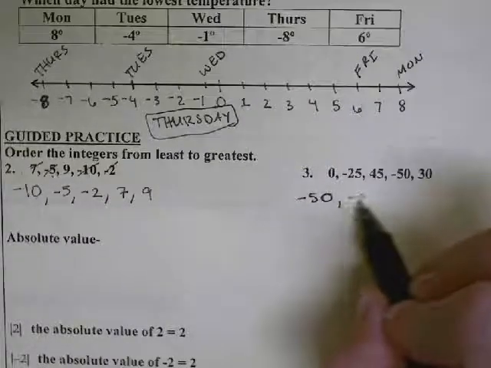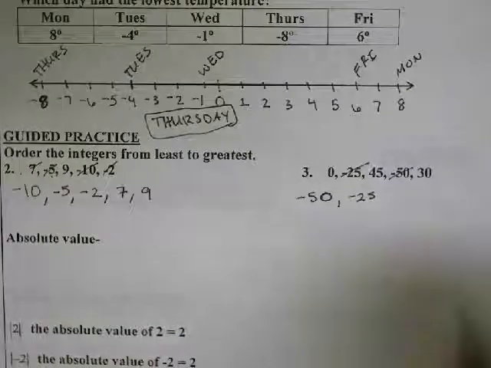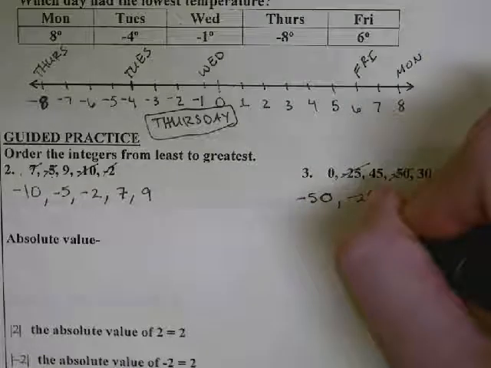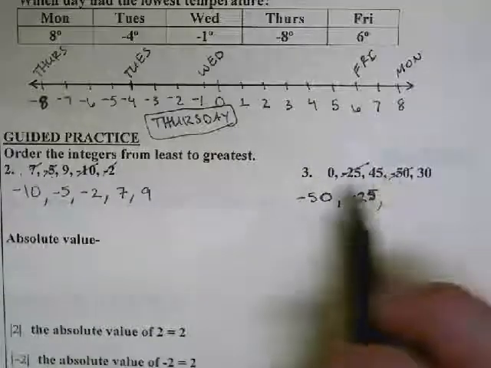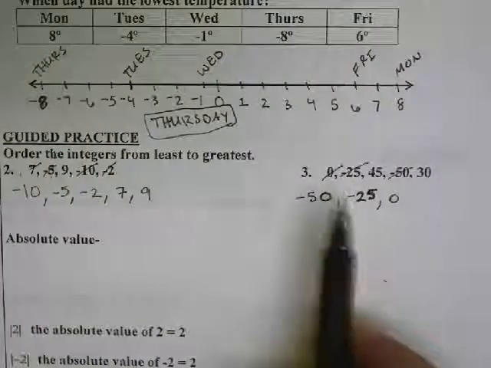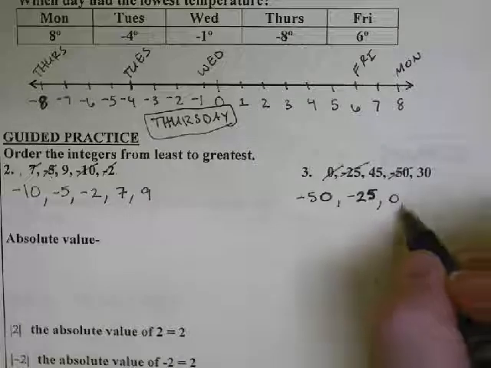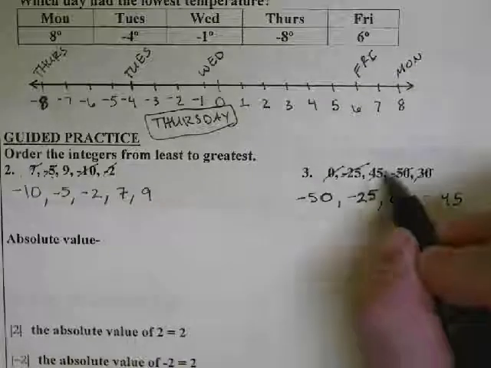Then we'll have negative 25, and then we'll have 0. And for counting up, we'll have 30, and we'll end with 45.